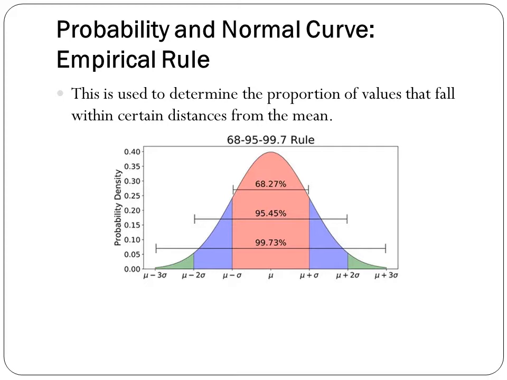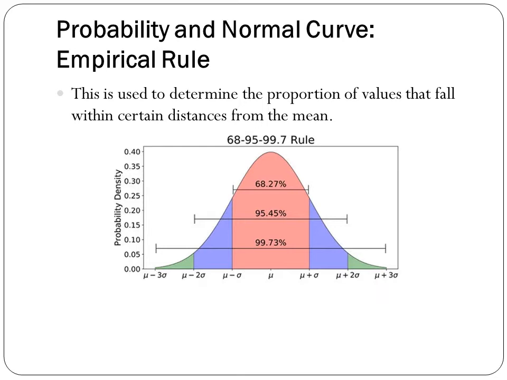And after that, we can now apply the empirical rule. So again, the empirical rule describes the percentage of data that falls within specific numbers of standard deviations from the mean.